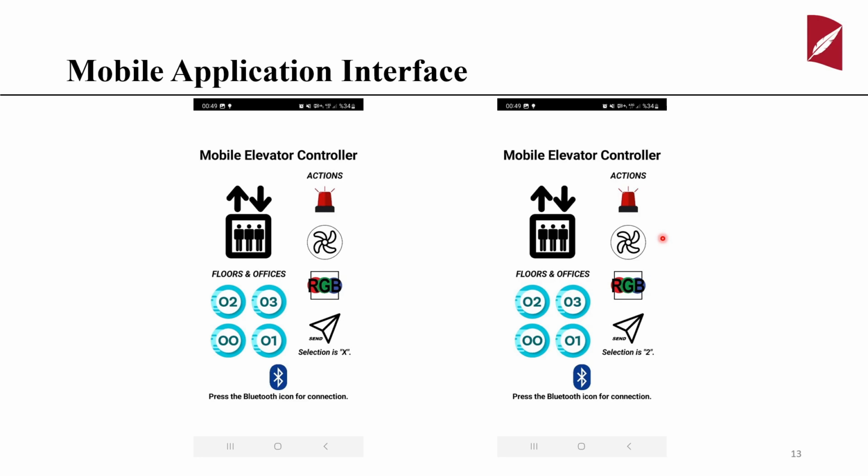You can see the usage screen of the application. To use this app, first of all, we must connect the phone to the microcontroller via Bluetooth icon. After the making connection successfully, we can enter the floor and office numbers via mobile app.